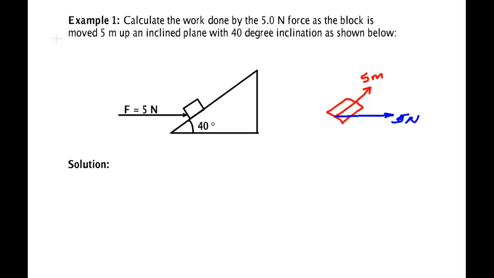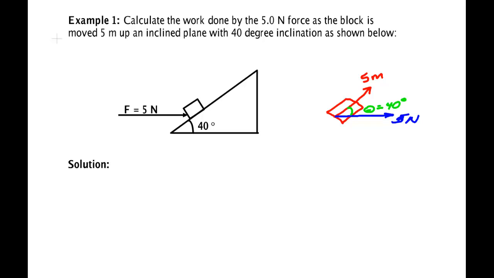And then there's an angle here, that angle theta, which is 40 degrees. Now this is not a free body diagram because I put a displacement on here, not just forces. It's designed as a work diagram designed to let me compute dot products.